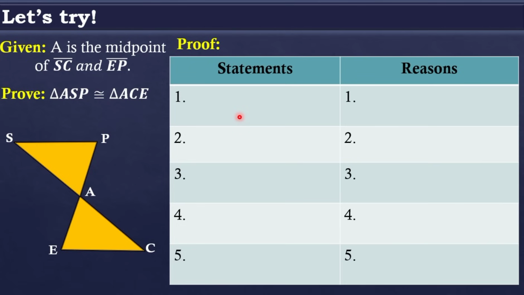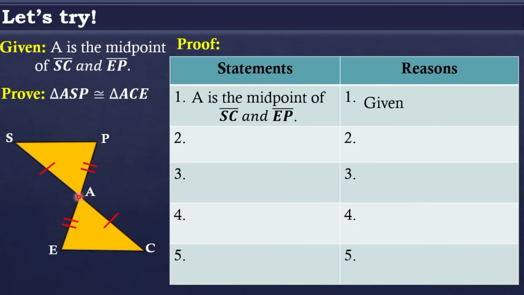So, let us start with our proof. So, A is the midpoint of segment SC and segment EP. So, this is given. Now, since midpoint, pag sinabing midpoint, gitna siya. So, ibig sabihin, hinahati niya ito into two congruent segments. Kasi, midpoint siya ni SC, so hahatiin niya to ng pantay.